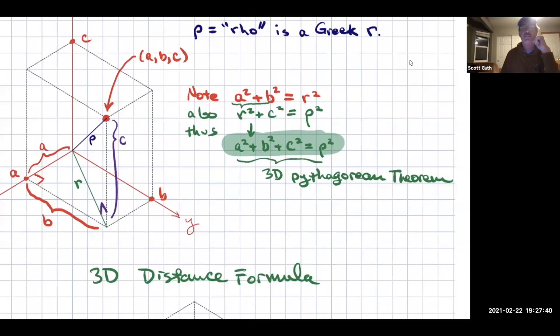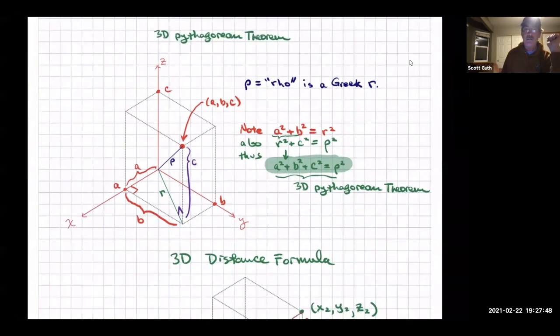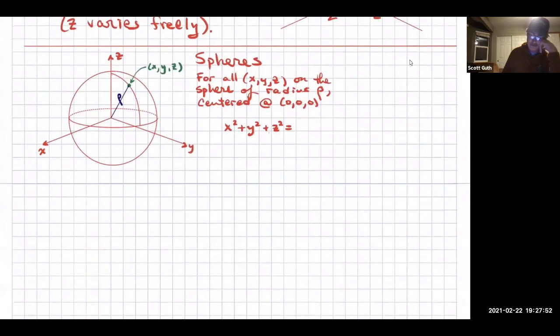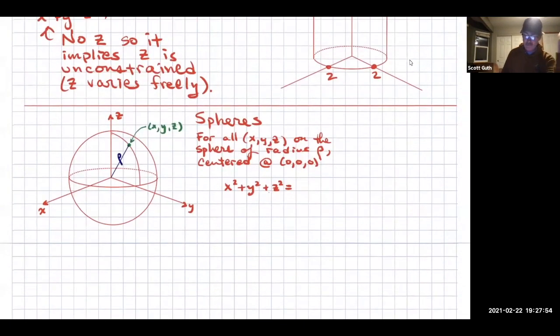If you know the distance to the origin, then the sum of the squares of the coordinates is equal to the distance to the origin squared. So here you say the coordinates are not A, B, C, they are X, Y, Z, and the distance to the origin is rho. So X squared plus Y squared plus Z squared has to be rho squared. Okay, any questions?